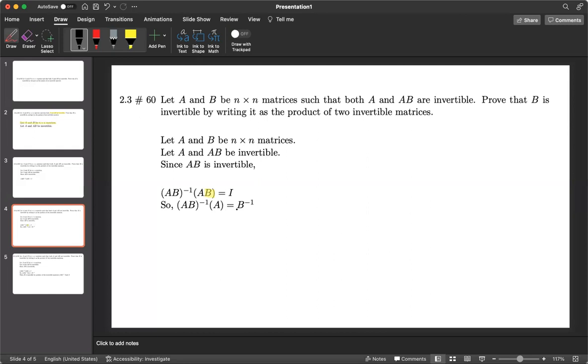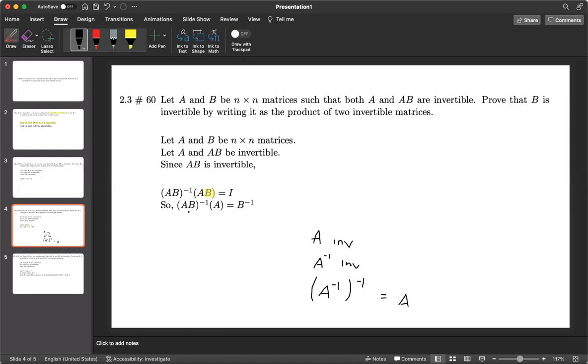I think I used part B to say this, but then part A is if we have A, which is invertible, then A inverse is also invertible. And you can also say that the A inverse inverse is equal to A.